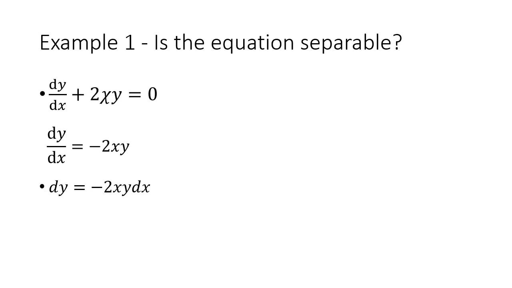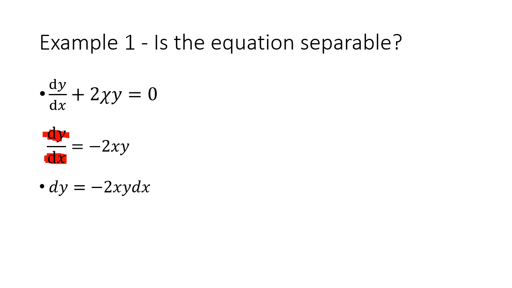So what we want to do next is to get all the terms that depend on y on one side of the equation, and all the terms that depend on the variable x on the other side of the equation. So what we do is that we take these differentials as normal variables so that we can move them throughout the equation.